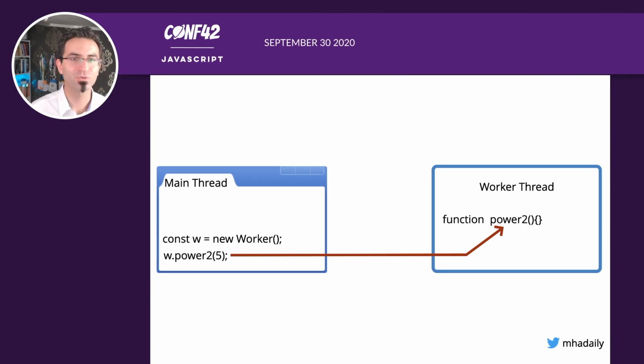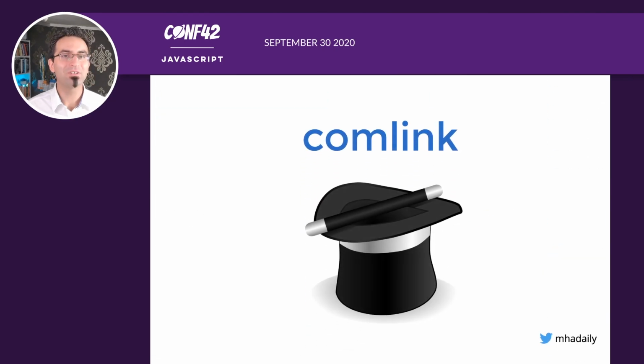Let's say, for instance, we just call a function from the main thread directly to the worker thread, and then it's a promise, and we are familiar with that, right? This is the way that we work with JavaScript applications these days. Quite a familiar pattern, right? So in fact, there is a library that can help to do that.